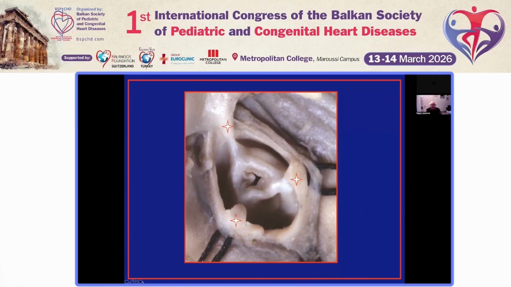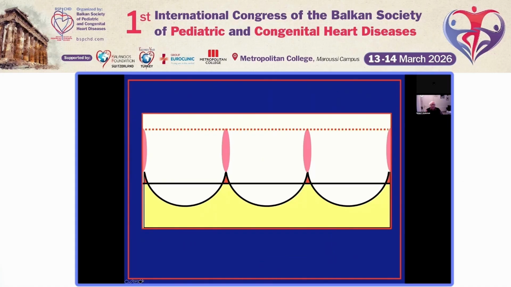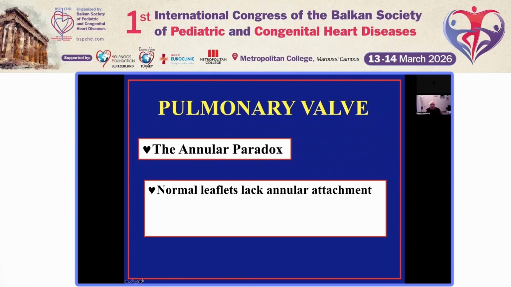But what I want to emphasize is the commissural fusion, giving us this central pinhole meatus, giving us the volcano appearance that is the characteristic of the stenotic pulmonary valve. And that again is the consequence of annular attachment of the leaflets.